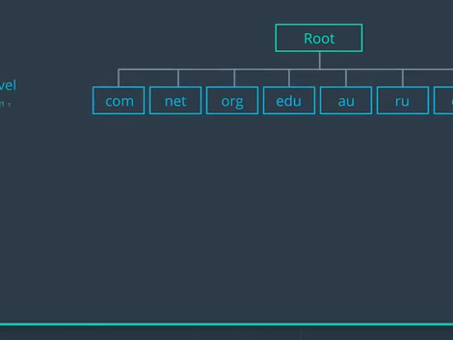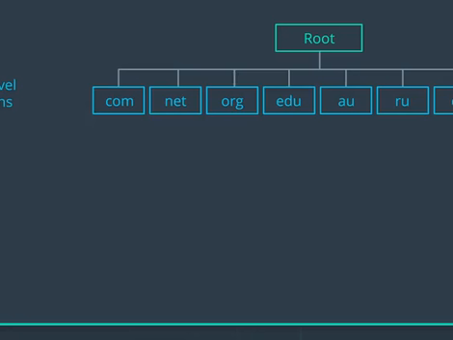At the top level of that hierarchy are the DNS root servers managed by a variety of organizations such as VeriSign, University of Southern California, NASA AMES Research Center, US Department of Defense, ICANN, and so on. Below them on the hierarchy are what are called top-level domains, of which there are over 1,000.